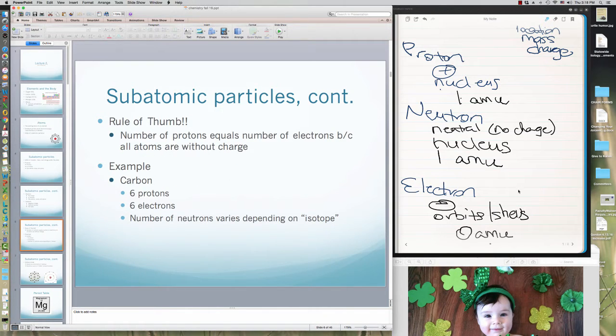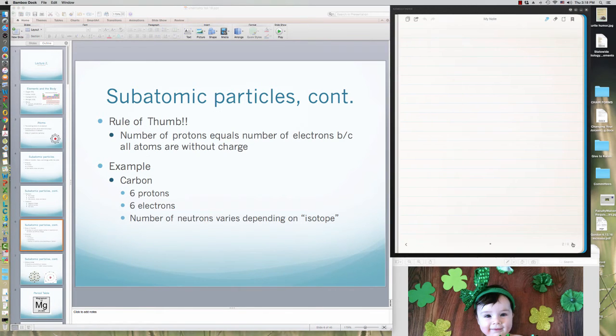Part of what you need to be able to do is to figure out, based upon information given on the periodic table, how many protons you have, how many neutrons you have, and how many electrons you have.